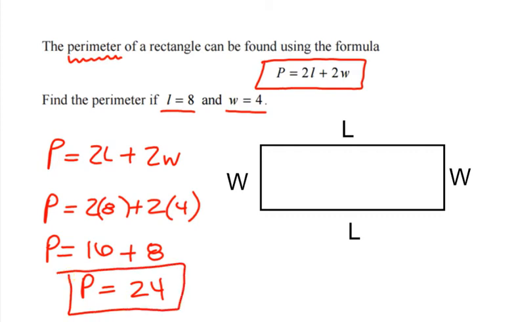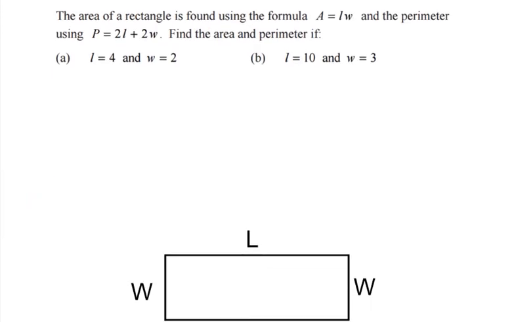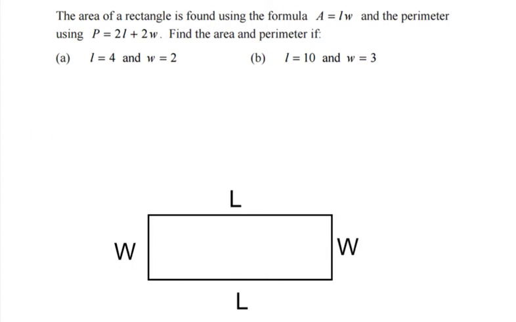Again, nothing fancy, we're just taking numbers and substituting them for letters. So here we have a similar situation as well. And I'm going to see if I can move that picture up just a little bit. There we go. All right, so again, it says the area of the rectangle, and this time we're doing area, is found using A equals LW, which is area equals length times width.